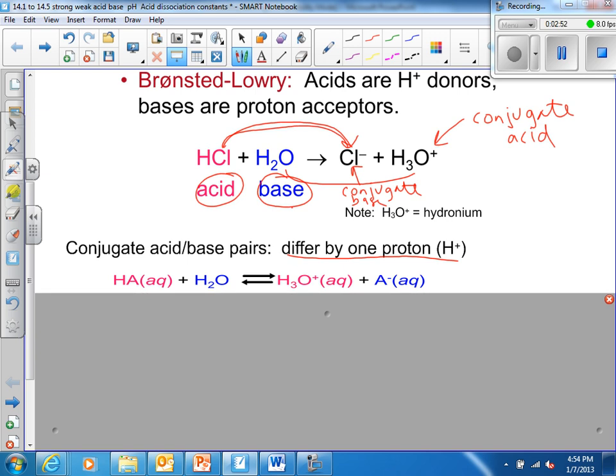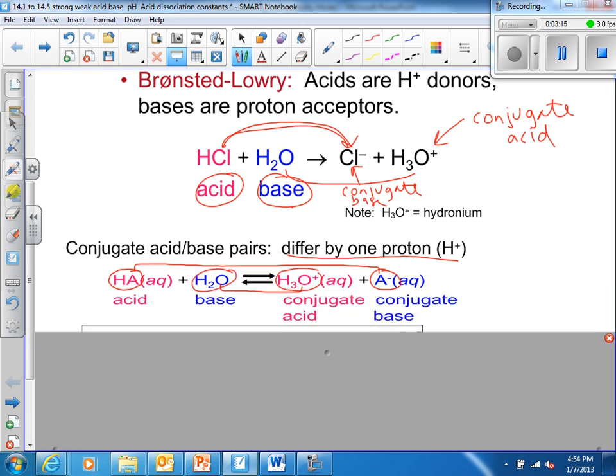The HA looks like the A minus, and the H2O looks like the H3O plus. They're just different by one H plus. And the acid has an extra H plus, so here's my acid. Here's my conjugate base. And between the water and hydronium, here's my acid. Here's my base. The acid has an extra H plus compared to the base in a conjugate pair.